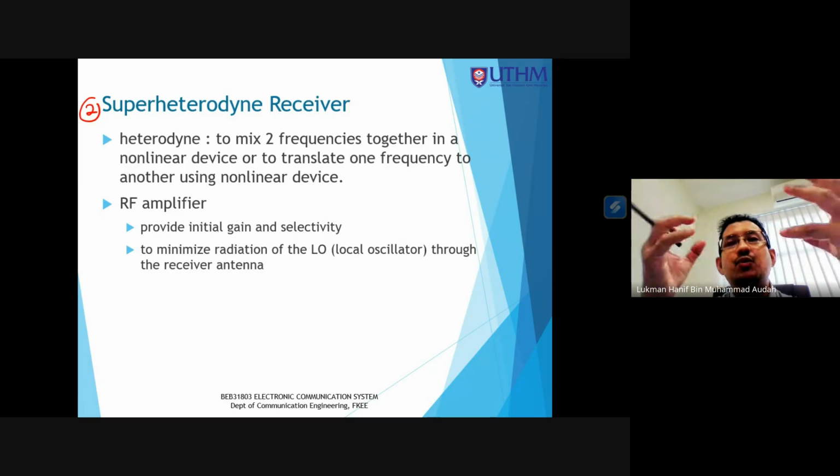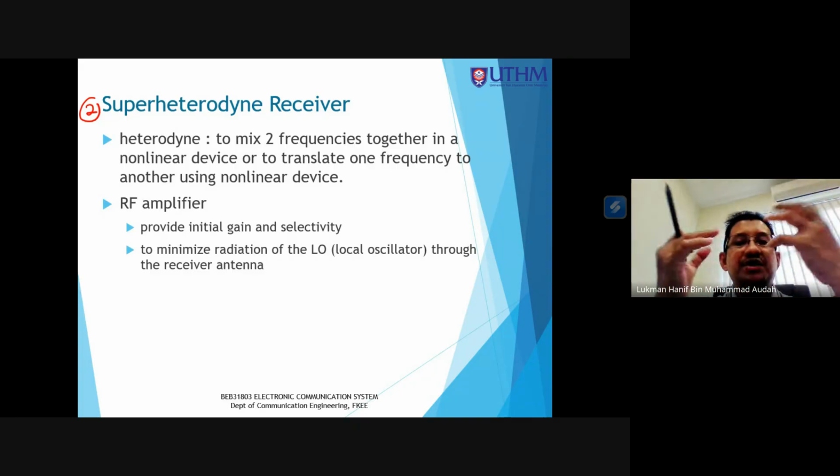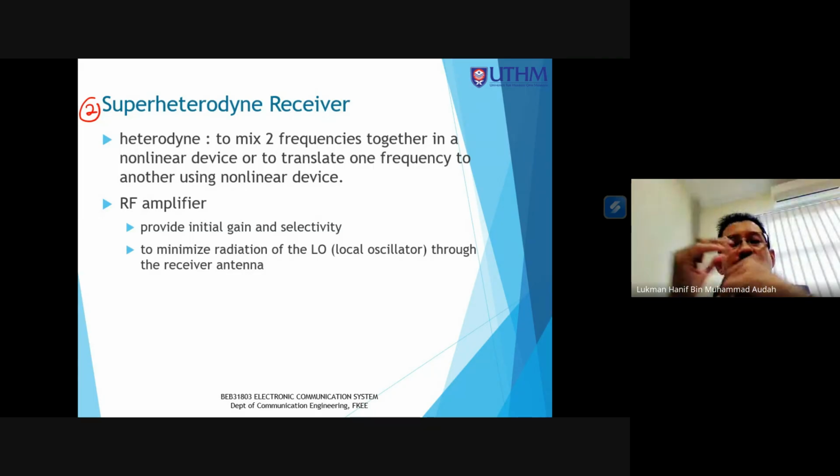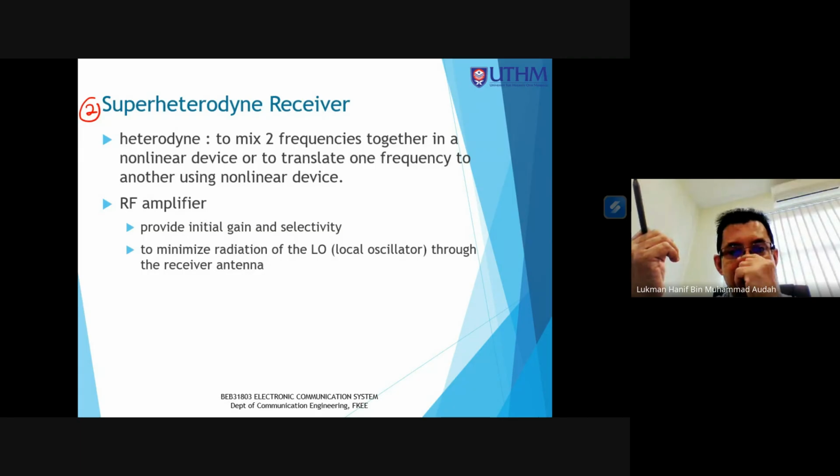When we mix at least two inputs together in a nonlinear device, it will translate to other frequencies at the output. So superheterodyne means that we are using the process of mixing to produce the desired output.